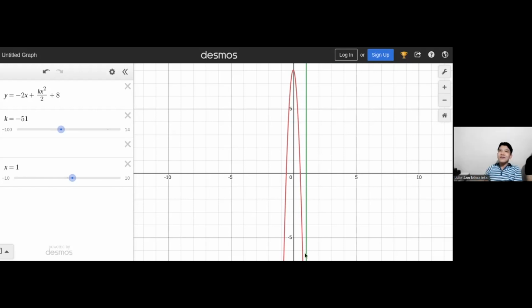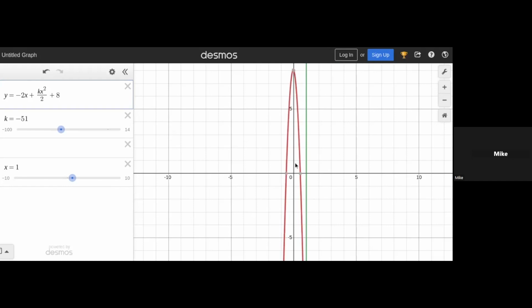So pwede na po siguro gawin yung absolute value ng buong function and then get the integral from 0 to 12. Pero mahirap, kasi kailangan mong hanapin yung root. Well, pwede naman kasi quadratic siya.